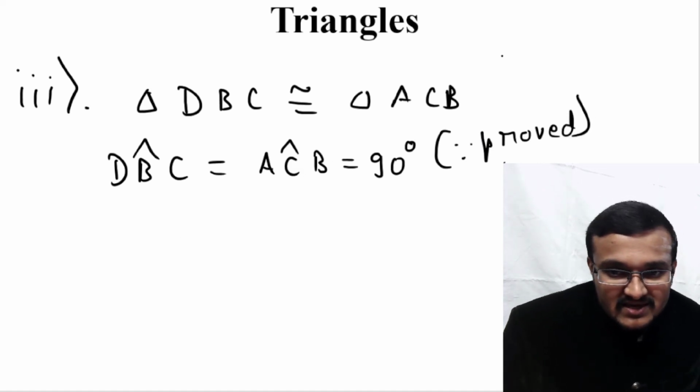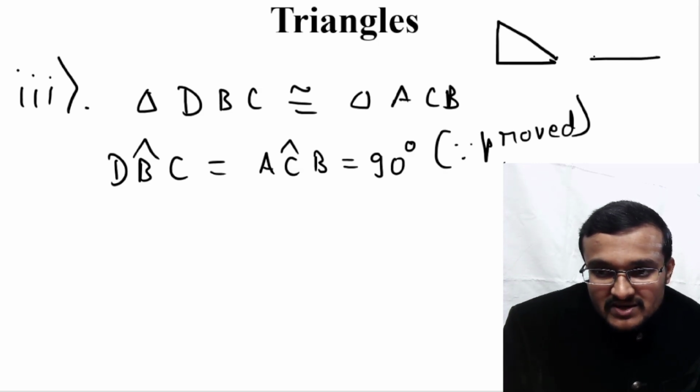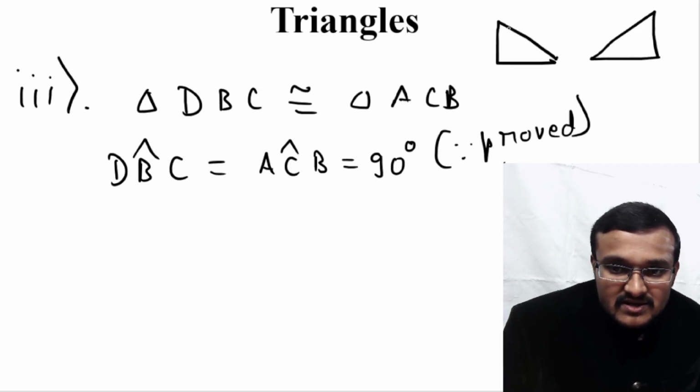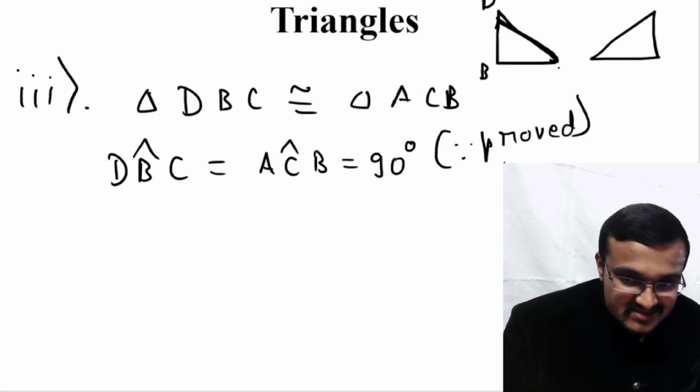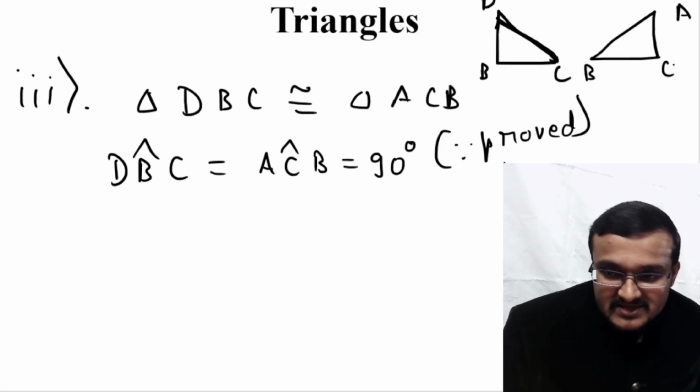Here basically we are taking these two triangles. One is this triangle DBC, and the other is this particular triangle ABC.